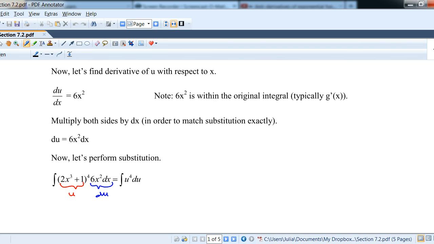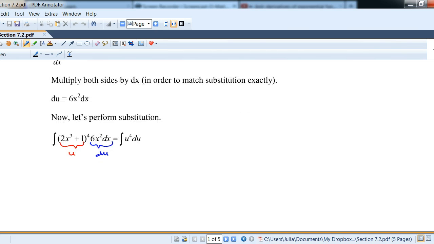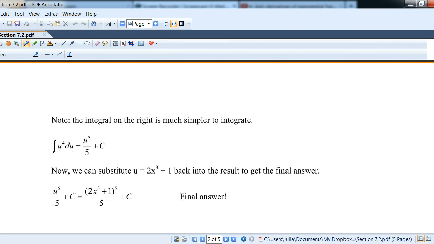So the next part is the integration piece. As soon as we integrate, note that the integral sign is gone. The antiderivative of u to the 4th is u to the 5th over 5 plus a constant. So you don't need the integral sign, you don't need the du. The du is like the derivative portion of the integral. As soon as you integrate, you don't need the du portion or the integral sign.